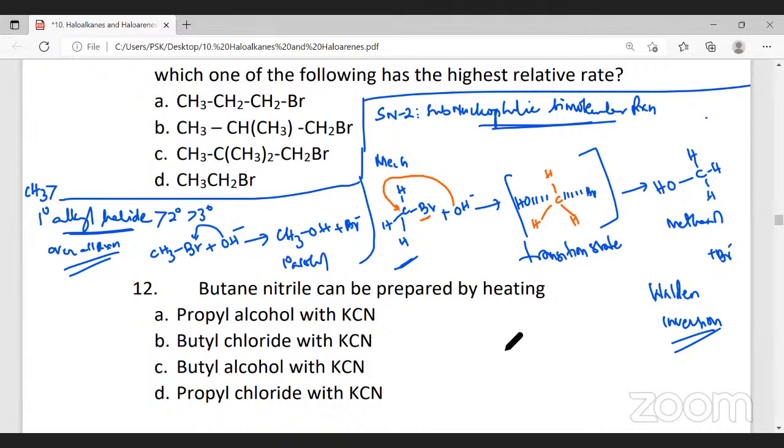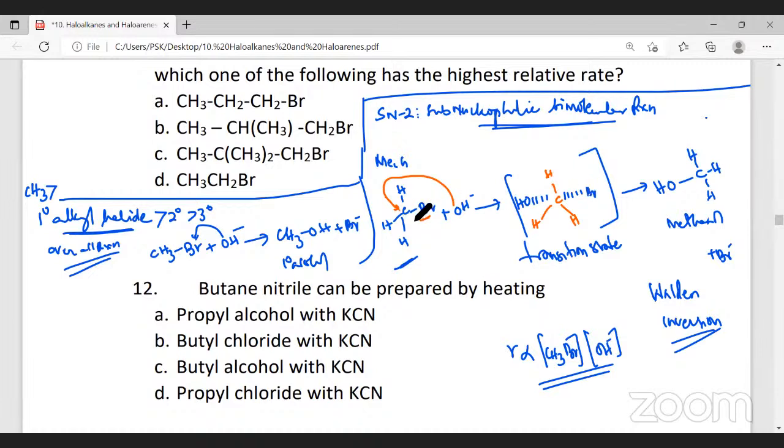Now for this SN2 mechanism, the rate of reaction depends both on the concentration of alkyl halide and the concentration of the nucleophile. So this is a one-step reaction. It is not a two-step reaction. When the nucleophile attacks the carbon from the opposite side to the halogen, the bond between OH and carbon starts forming, and the bond between carbon and bromine starts breaking.